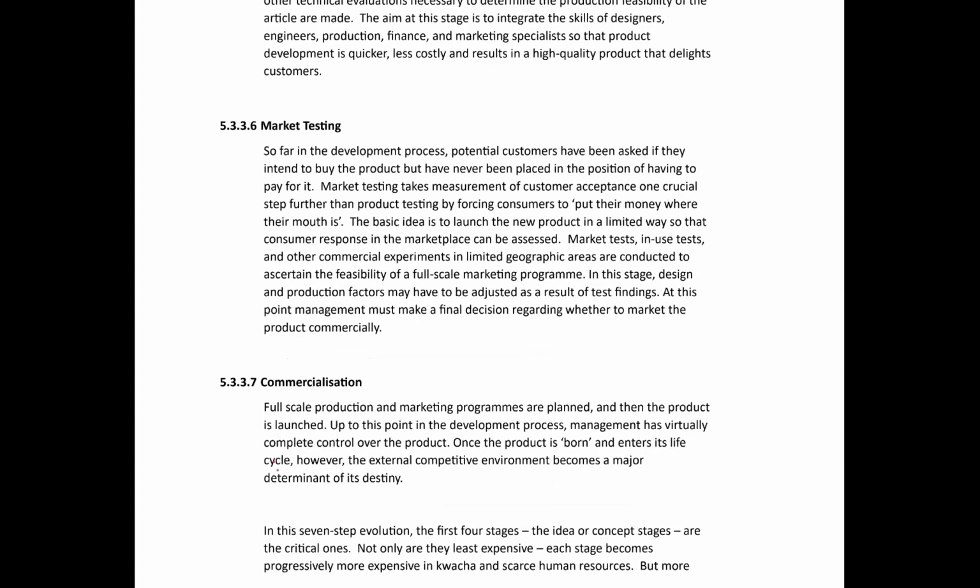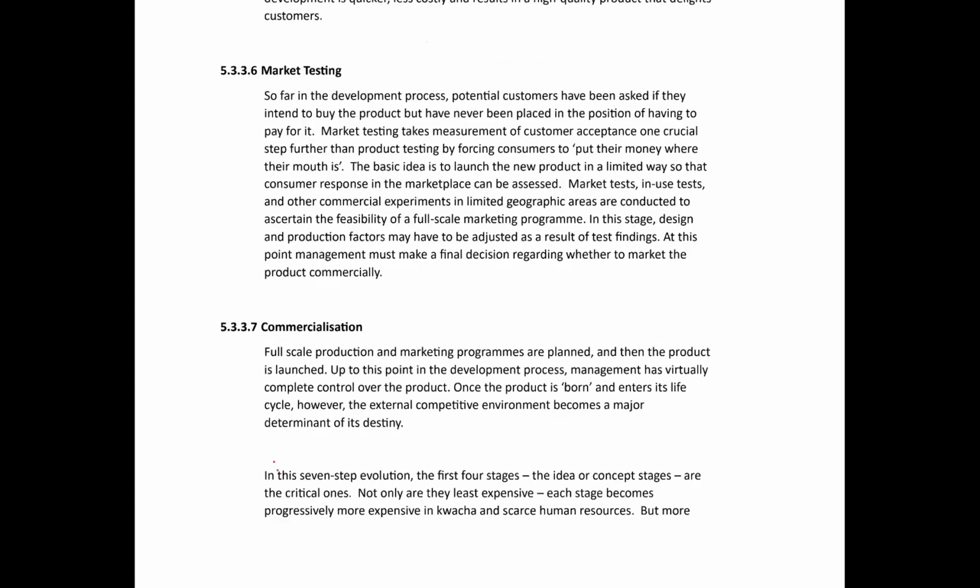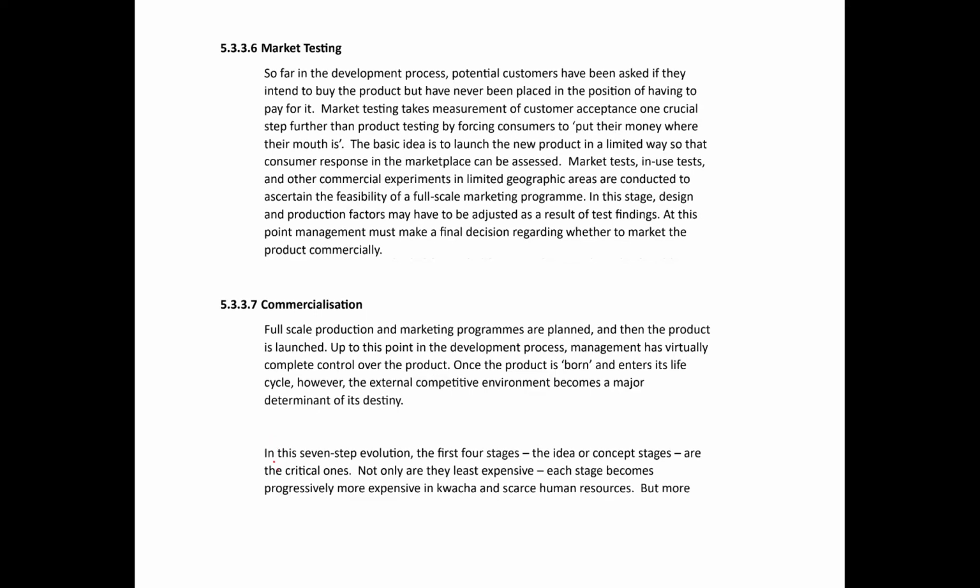Now, the basic idea is to launch the new product in a limited way so that consumer response in the marketplace can be assessed. So market tests, in-use tests and other commercial experiments are conducted in limited geographic areas to ascertain the feasibility of the full-scale marketing program.